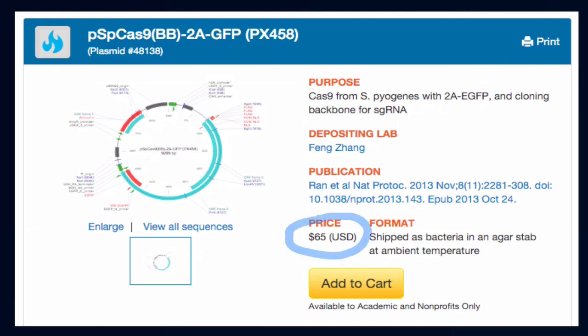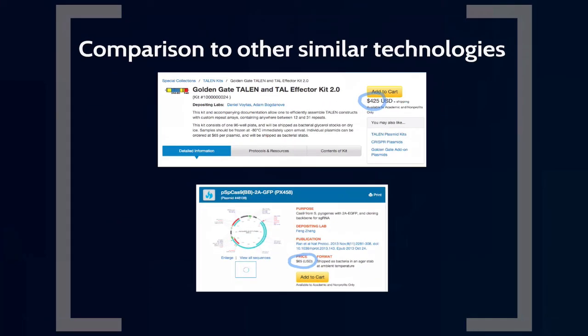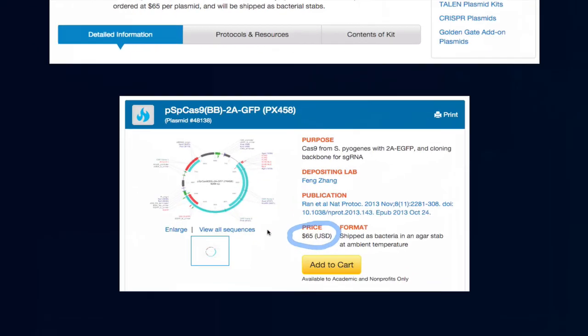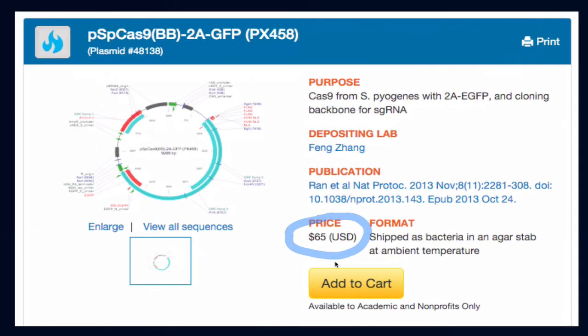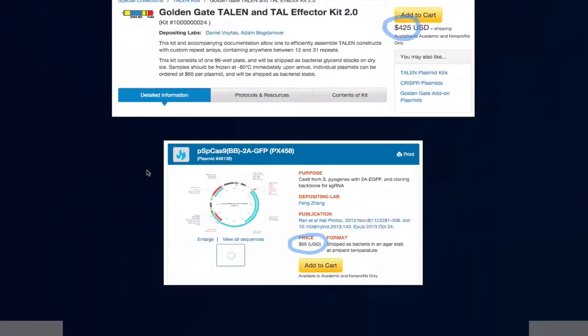So CRISPR-Cas9, in addition to being much easier to think about, to engineer and design, much easier to implement, is also an order of magnitude cheaper. Okay, so this is why everybody is freaking out about CRISPR-Cas9, because it is making transgenics extremely affordable.